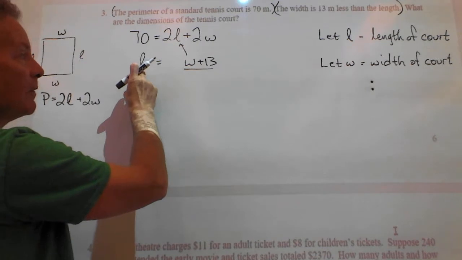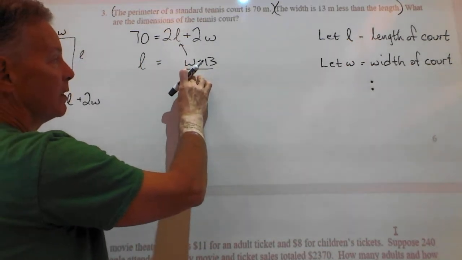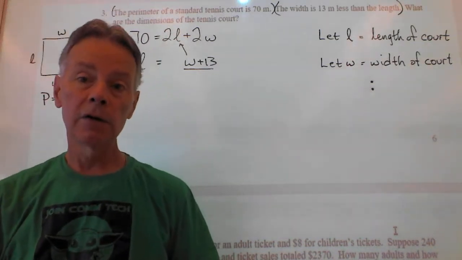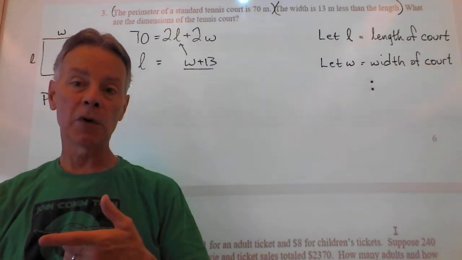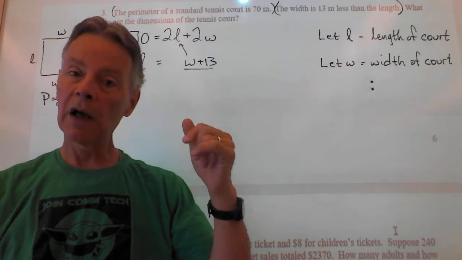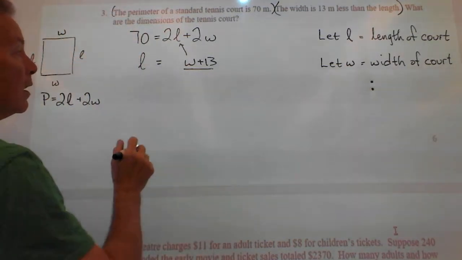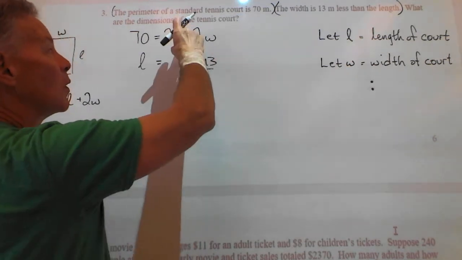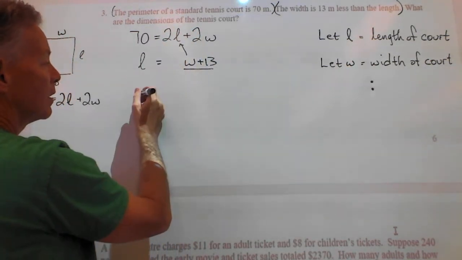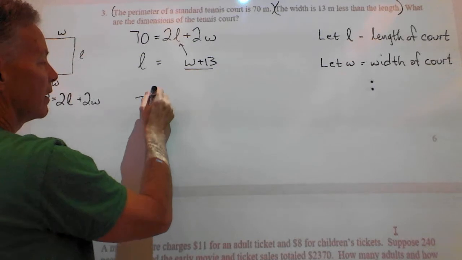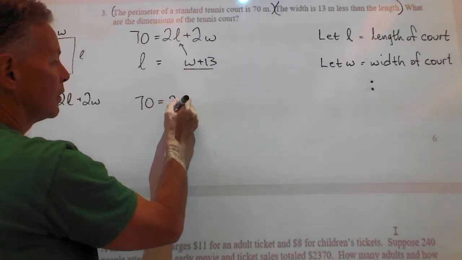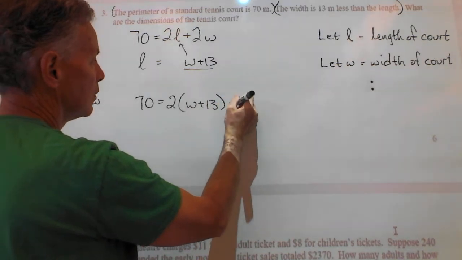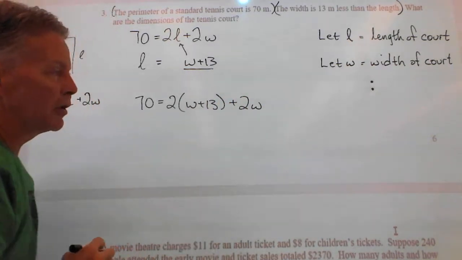So, if the length is W plus 13, then in this equation, it's also W plus 13. Remember, at that intersection point, the L's are the same and the W's are the same. So, we're going to take this expression, W plus 13, and substitute it into our second equation to get 70 equals 2 times W plus 13 plus 2W.